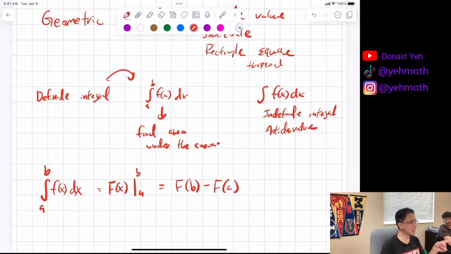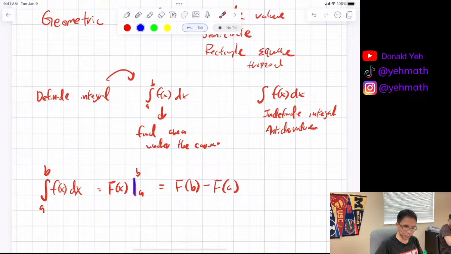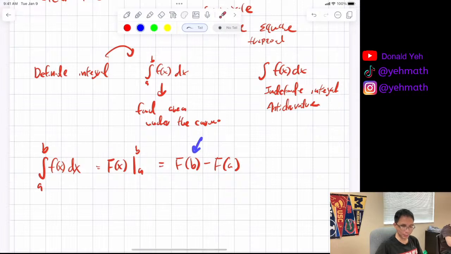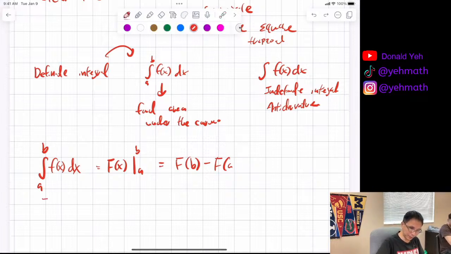You have a non-capital f. After integration, it's going to be capital F. I usually draw a straight line with b and a. That means I can still tell the boundary, but I already took an integral because my line is afterwards. And all you have to do is plug in the b value and plug in the a value and subtract. Then that should be the definite integral. This is known as the fundamental theorem of calculus.